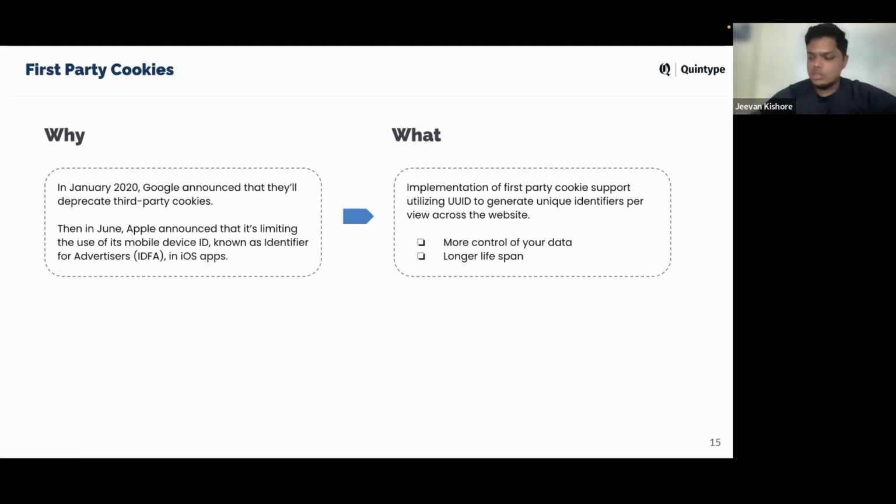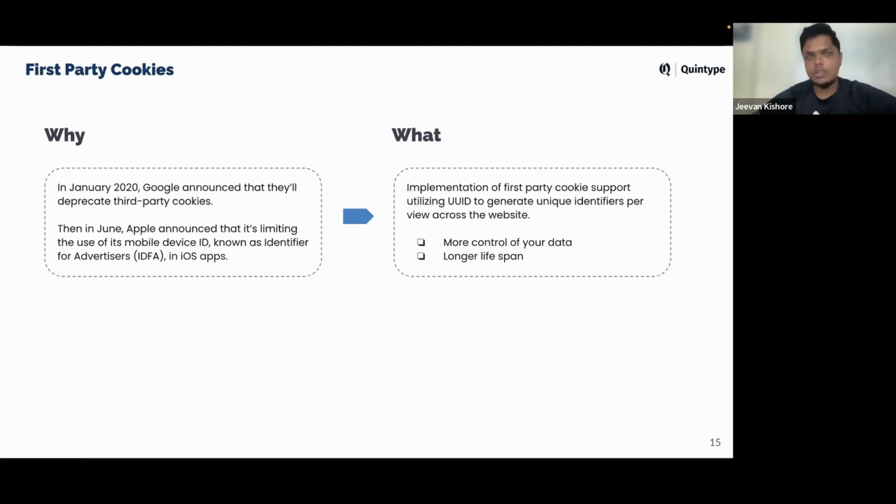This was pretty much the reason behind the route we took to enable first-party, first-class support for our publishers. How it functions is that a unique identifier is assigned to a user for that session, and it's valid for a year, for example. Every time the user comes to your site, he has this tracking ID associated with his session.